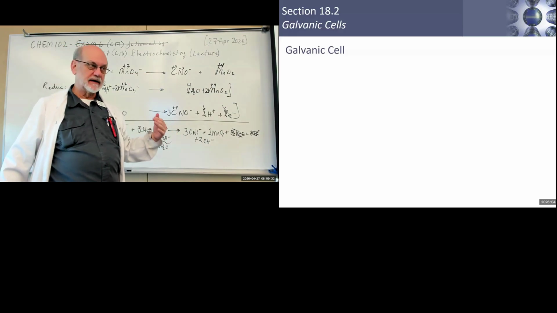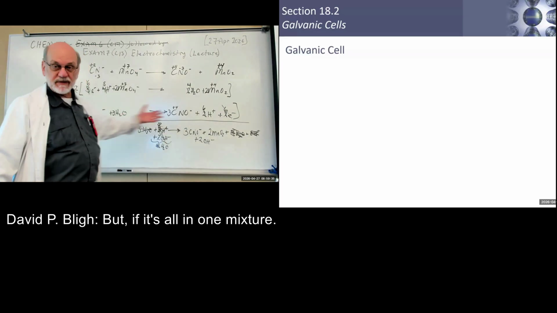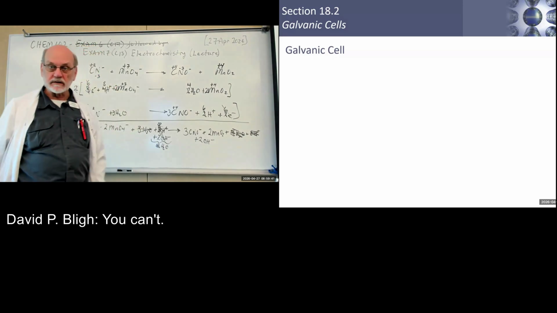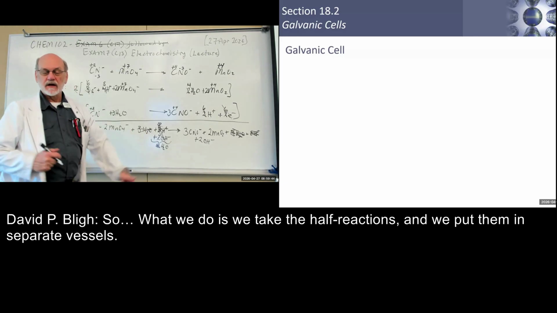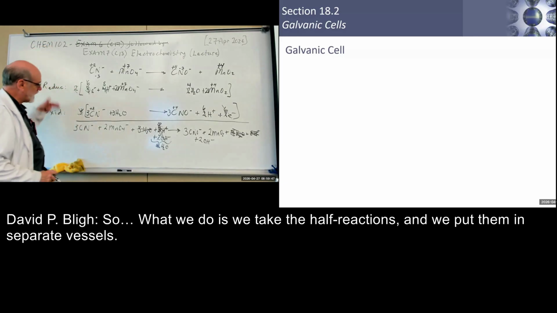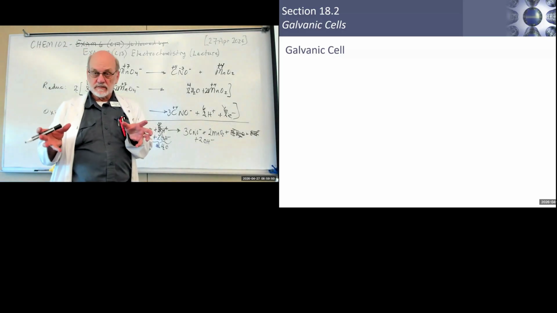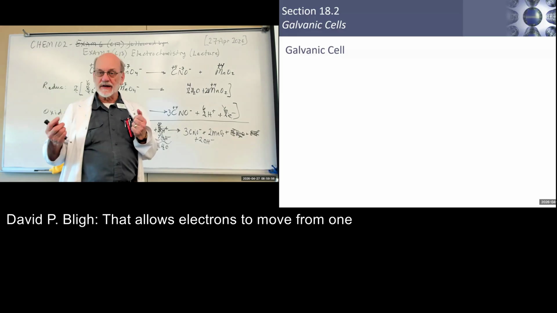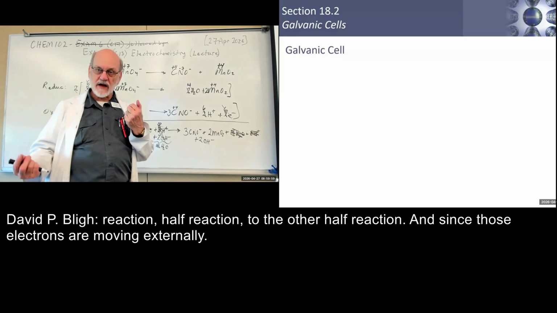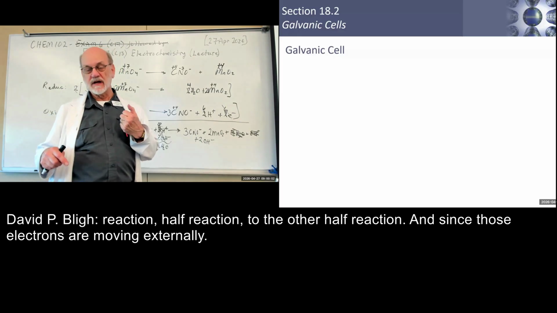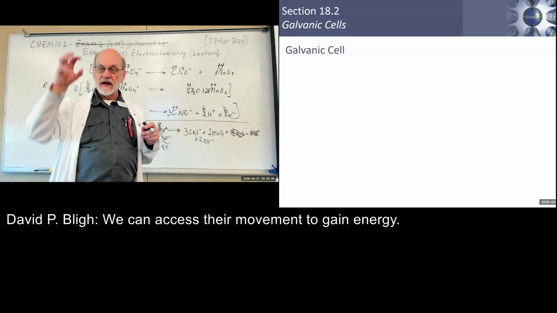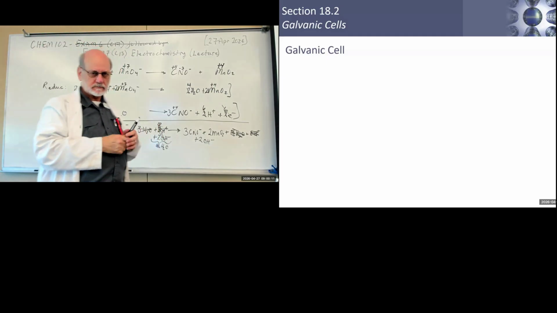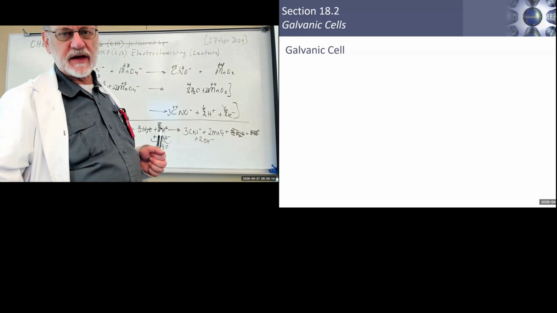But if it's all in one mixture, how do you get access to those moving electrons? You can't. So what we do is we take the half reactions and we put them in separate vessels. And we connect them with a wire that allows electrons to move from one half reaction to the other half reaction. And since those electrons are moving externally, we can access their movement to gain energy. And that's what we call a galvanic cell.